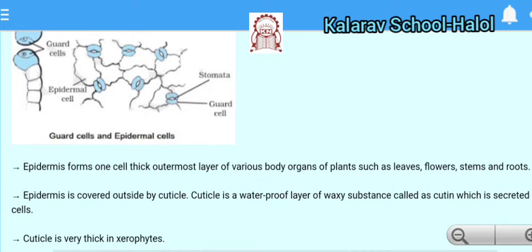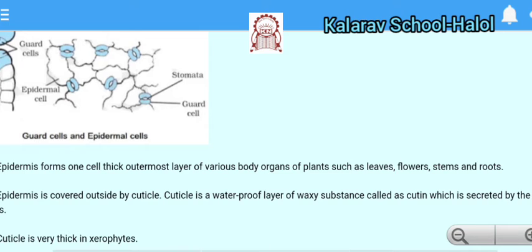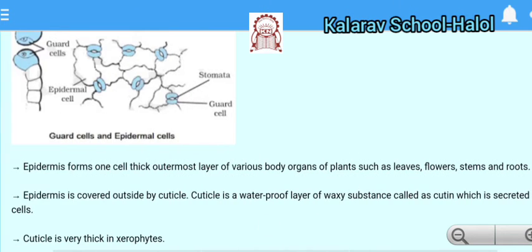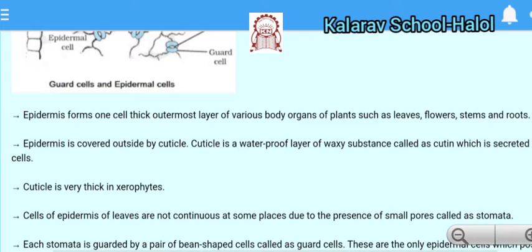Epidermal cells form the thick outermost layer of various organs like leaf, flower and stem, so that they provide protection to them. The epidermis is covered on the outside by cuticle, a waterproof waxy substance secreted by epidermal cells. Cuticle is very thick in xerophytes.